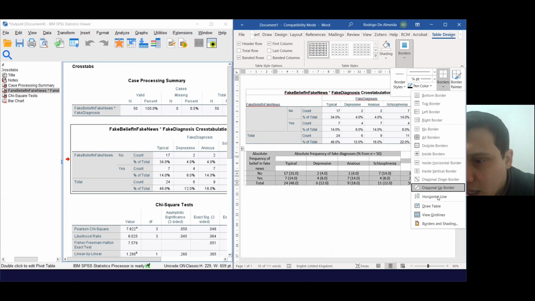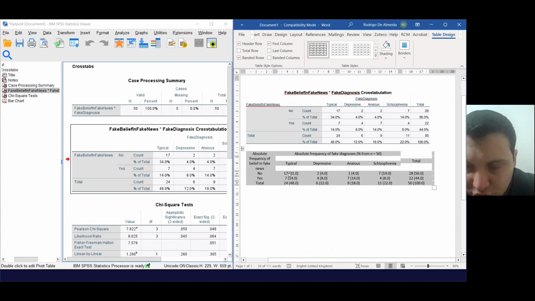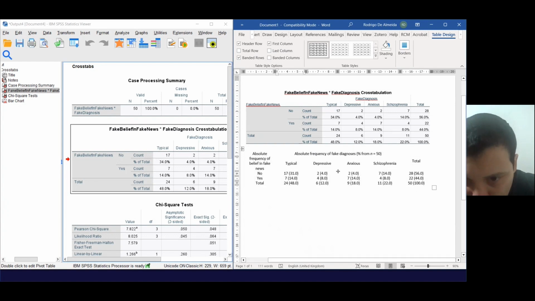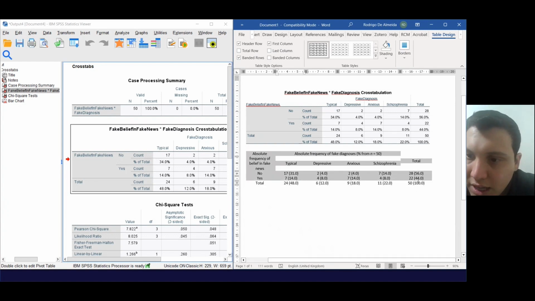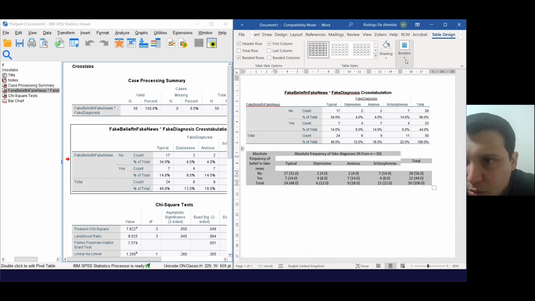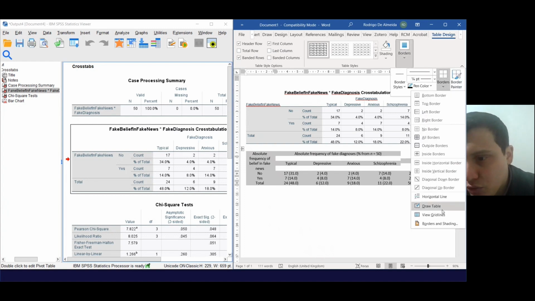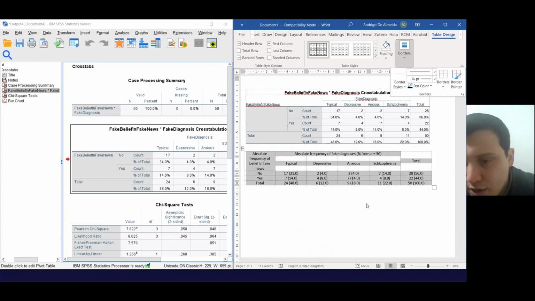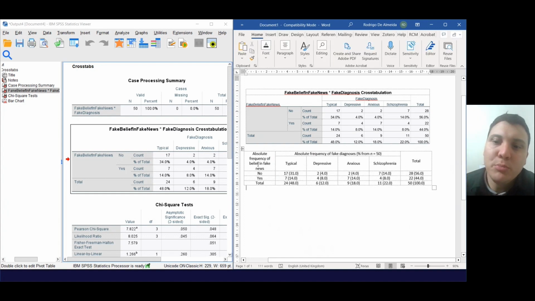By doing that, it might be difficult to see what we are doing, right? Because we don't have any borders. So one way to help us while we don't have the borders is to go to View Grid Lines in the Borders option. So we click View Grid Lines. This wouldn't be printed. This is just for us to see what we are doing, okay?